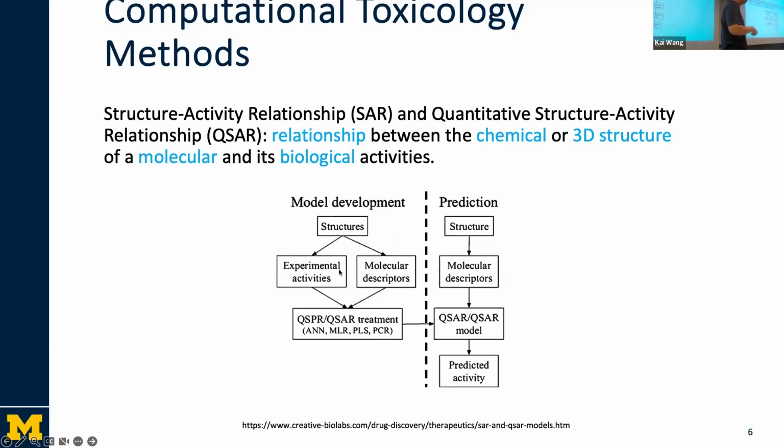Using those two different types of information, they can train a model to predict the toxicity of the chemical. Then when you have a new chemical, you can just use its structure, get the numerical features of the chemical, and predict the biological activities.